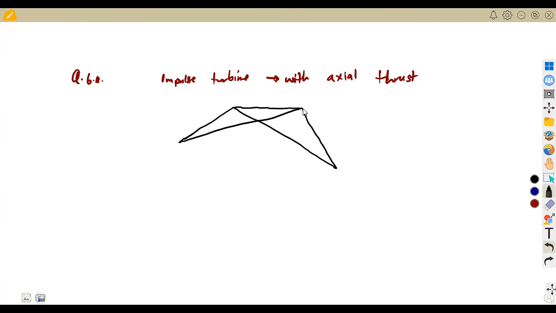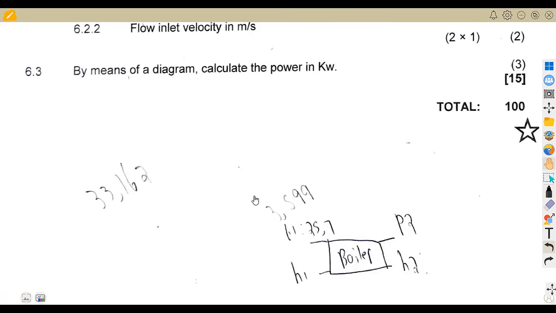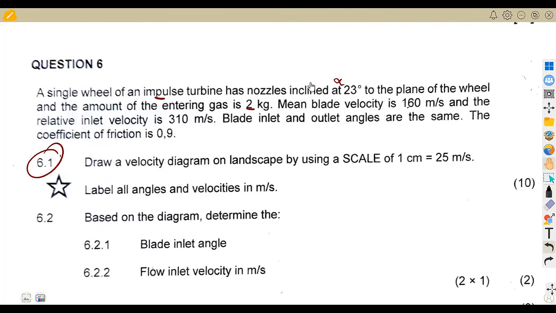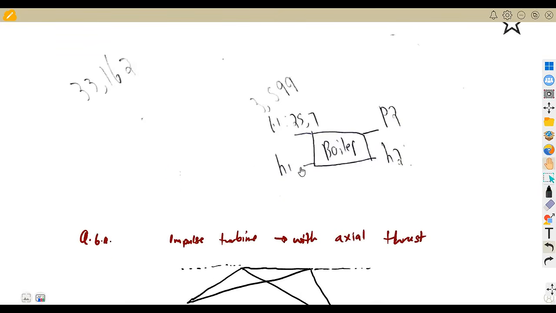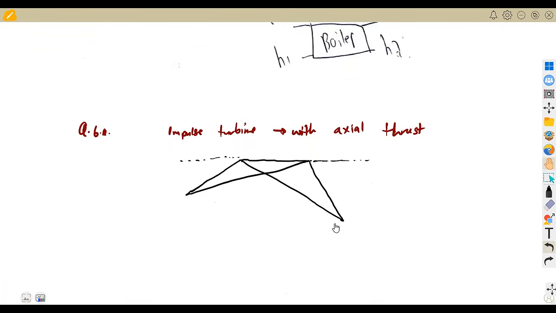For the meantime, I'm just going to label what is important and what we are given. The rest we'll see on the actual diagram. So we are given the nozzles, that is alpha, the entering part. It's inclined at this angle, which is 23 degrees.